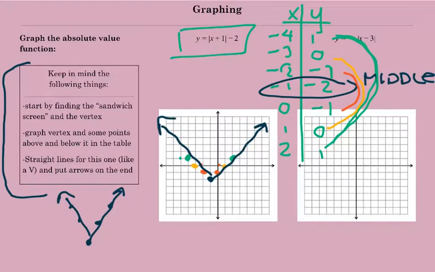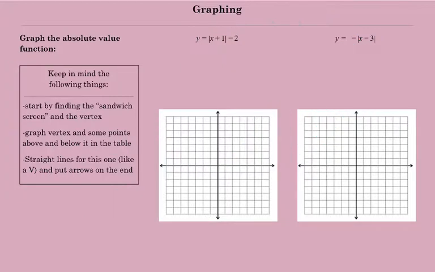Alright, so for this next one, we're going to work on getting the points together, but you should be able to plot it entirely on your own. Okay, this is y equals negative absolute value x minus 3.